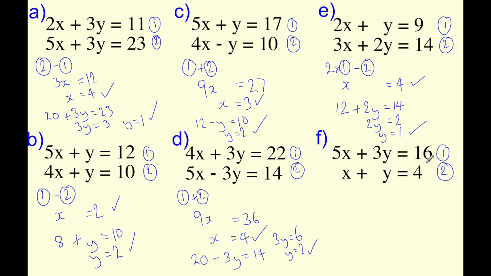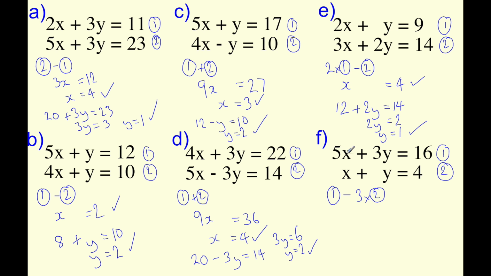Or we could have equation 1 take away 3 lots of equation 2, because then we would have 3y take away 3y and eliminate the y's. And that's what it's going to do. It's going to have equation 1 take away 3 lots of equation 2.